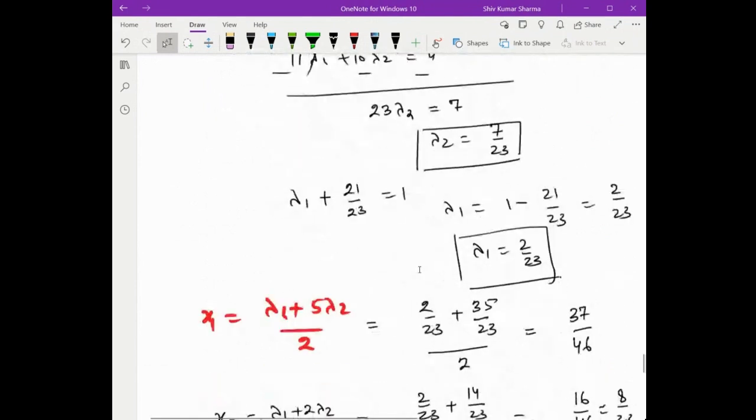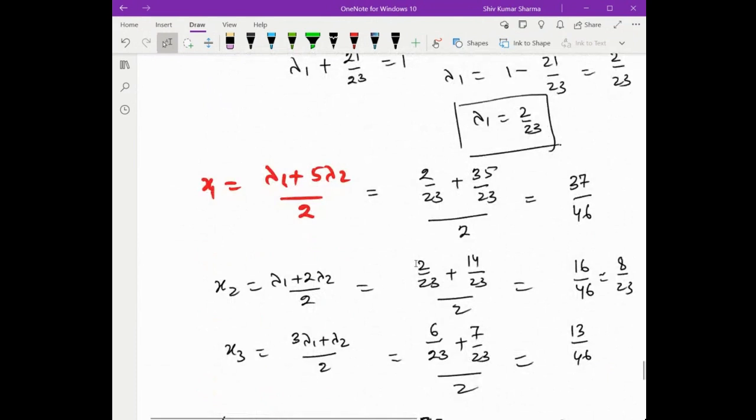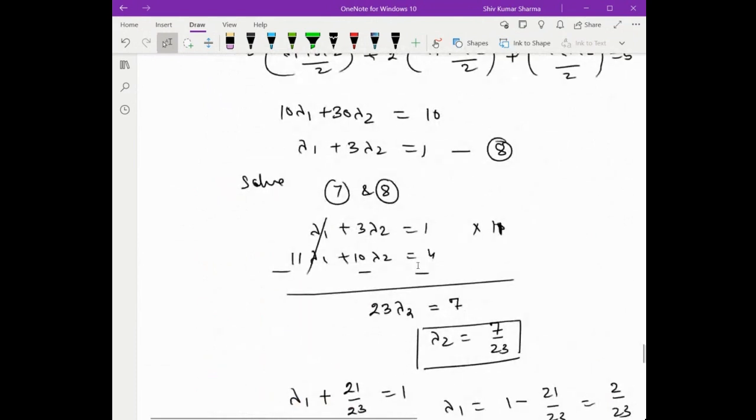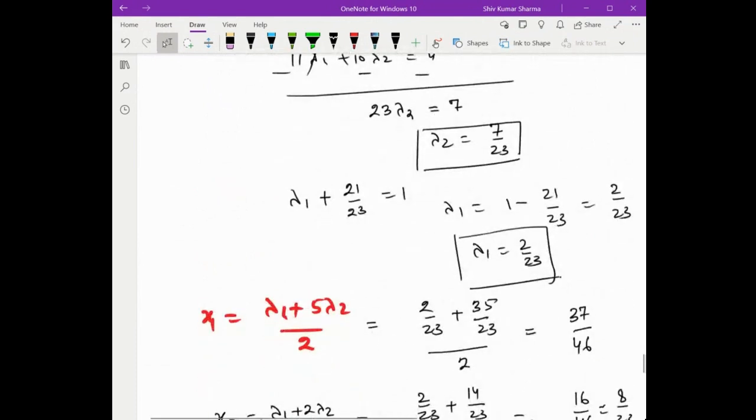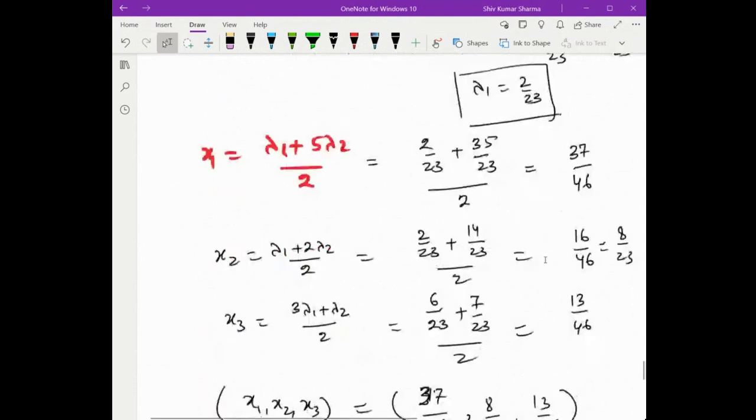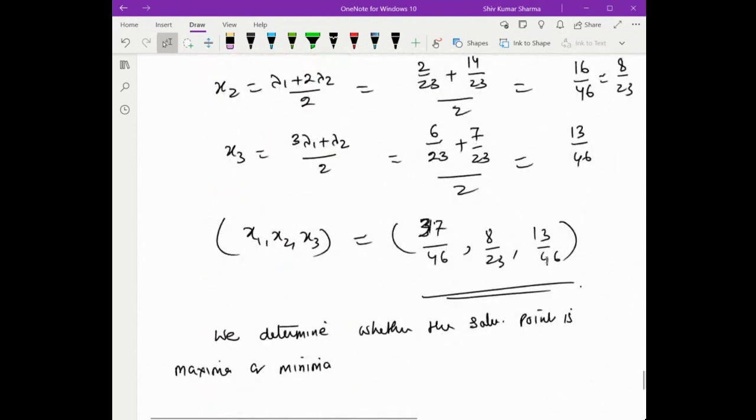After obtaining lambda 1 lambda 2, we obtain the values of x1 x2 and x3. So these are the stationary values, the stationary point, to be tested for maxima or minima.